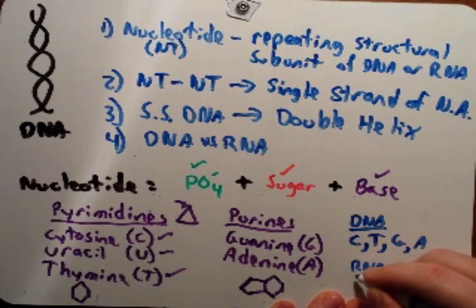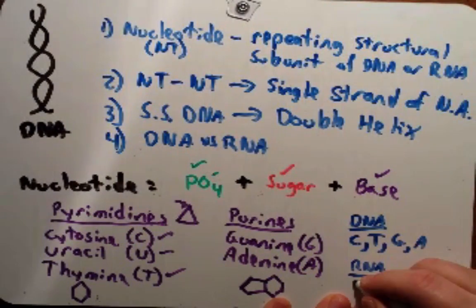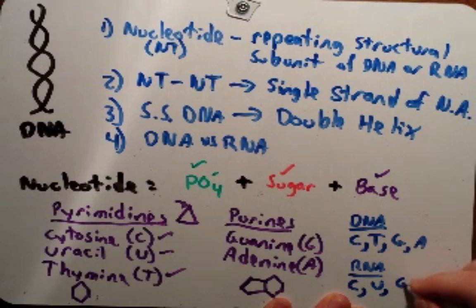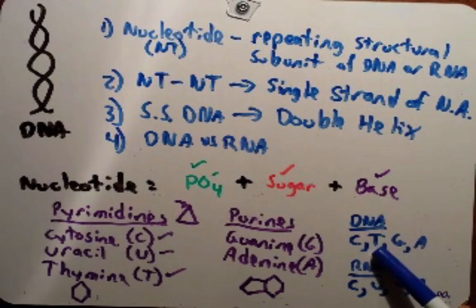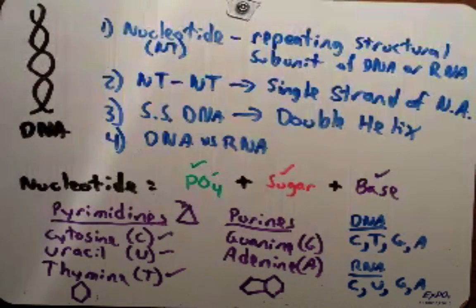In RNA, you'll find the pyrimidines cytosine and uracil, and the purines guanine and adenine. So the only difference in the nucleotides between DNA and RNA is that DNA has thymine and not uracil, and RNA has uracil and not thymine.